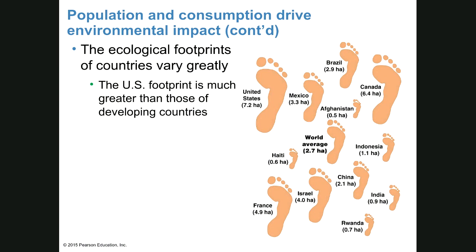You've got the United States, Canada, France, being the heavier Sasquatch footprints than countries like Haiti, India, and Rwanda. So that's something to think about as we are moving through the course: discrepancies between individuals on the planet. Not all of us are created the same in that we have equal opportunities and access to resources.